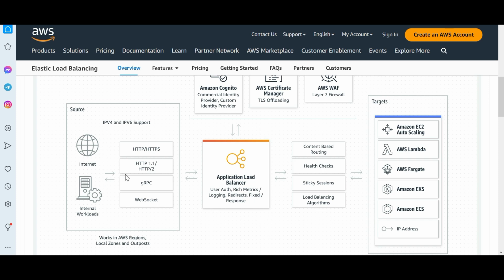Here is your internet and users. It will check the health checks and it will route it. Suppose you have so many EC2 instances here. This guy will do a health check and see if EC2 instances are up and running, and it will route to the EC2 instance. What is failover routing? Failover routing is if this EC2 instance fails, traffic should move to the other EC2 instance automatically. That is something which load balancer will not do.